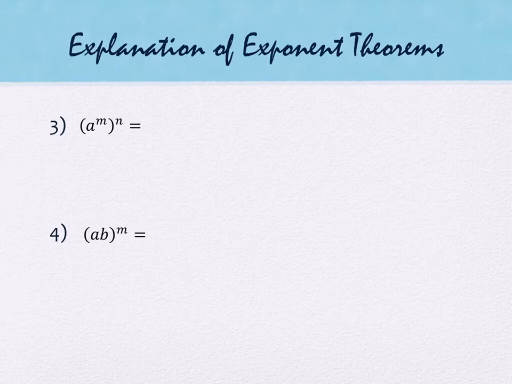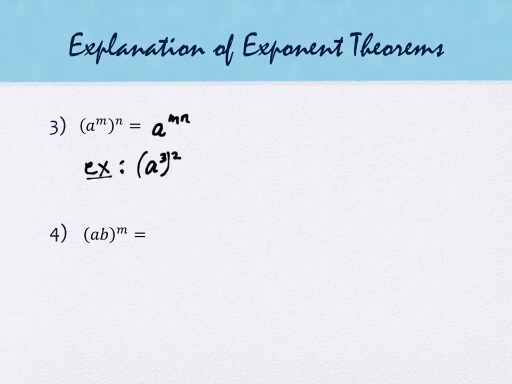So we're going to justify now why this one is multiplication. The example we're going to use is a to the 3rd to the 2nd. All right, so what is a to the 3rd? A times a times a.